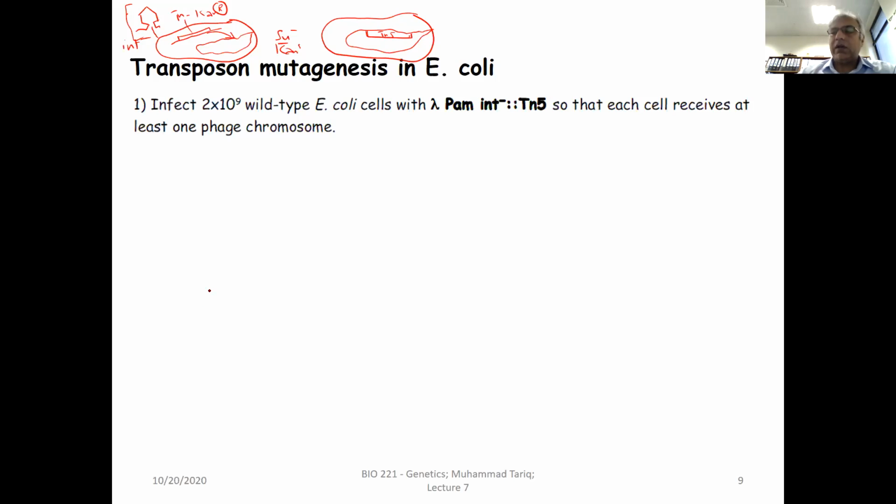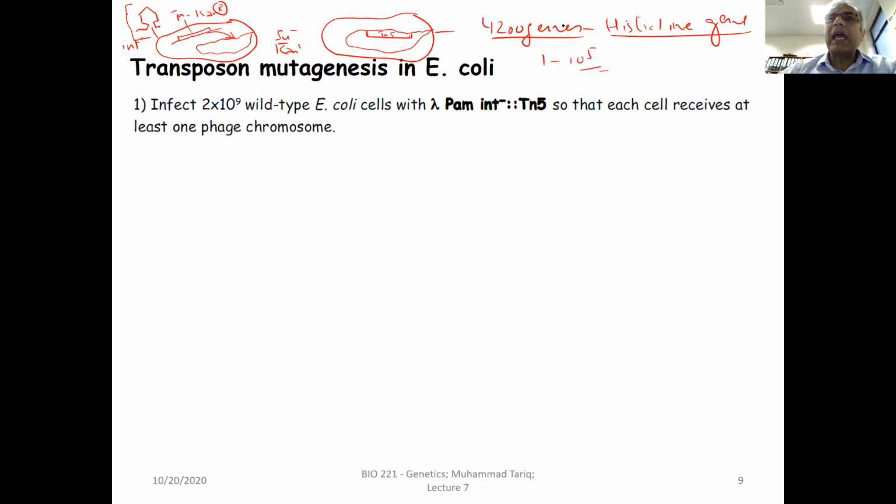Okay. If we say the bacterium E. coli contains 4,200 genes, we are interested in finding the histidine pathway or biosynthetic pathway genes, all the genes involved in the histidine biosynthetic pathway. And our probability is 1 in 10 to power 5.